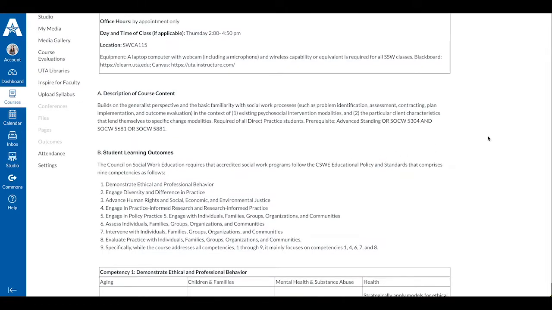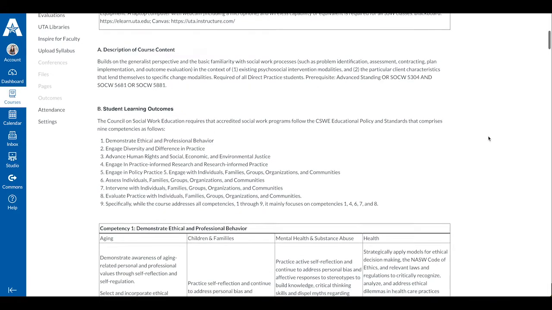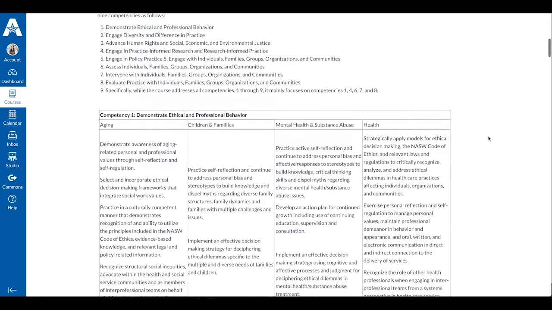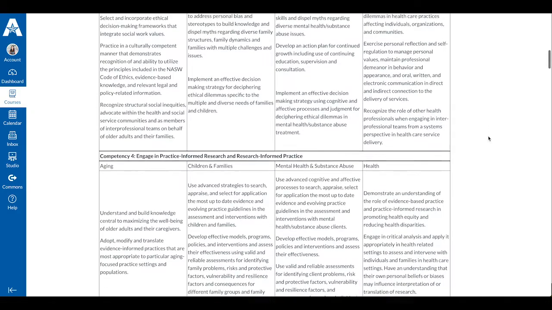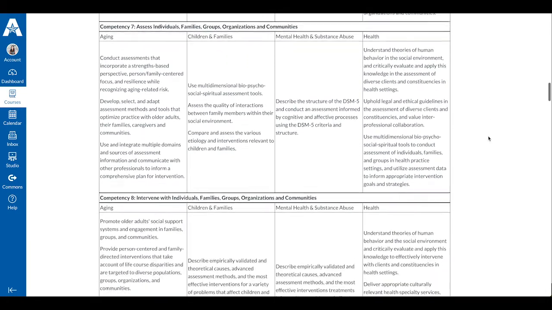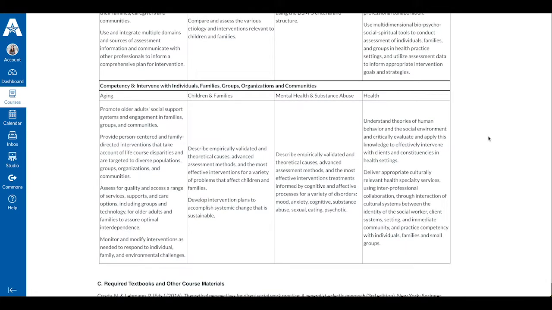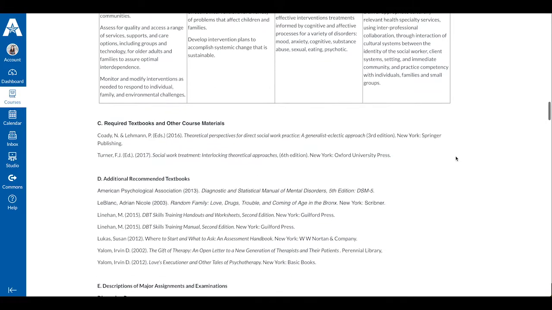Okay, so there's a lot of information in here, and I'm going to go through it as best I can, but there's various competencies that we're going to be covering regarding mental health practice, and you can go through and review that. Please let me know if you have questions about any of those. There's a lot more to cover, so I'm going to push us through.